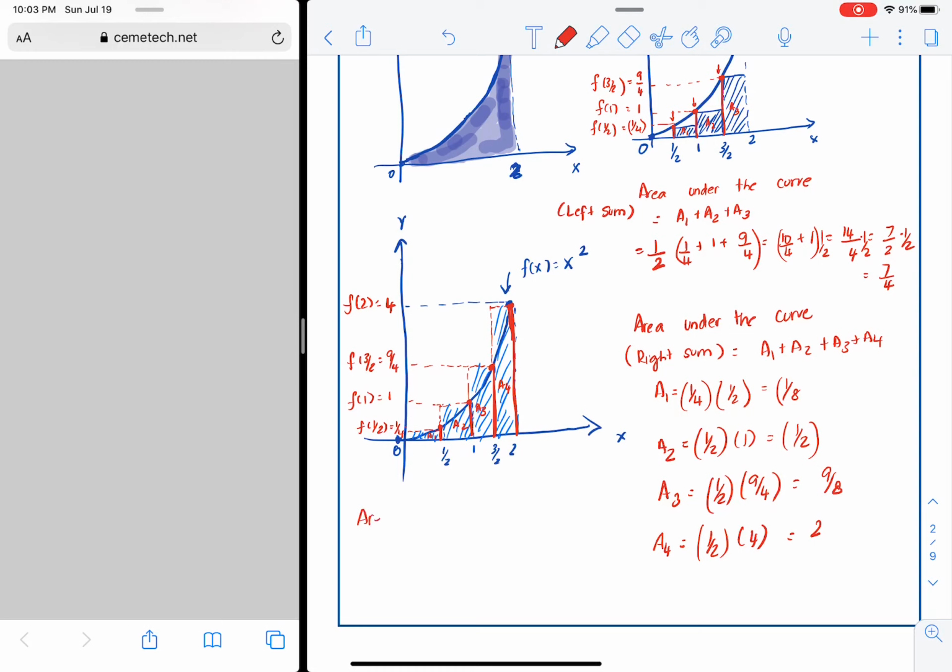So the area in this case would be 1/8 plus 1/2 plus 9 over 8 plus 2. Which would give us 10 over 8 plus 1/2 plus 2. I could combine those, 14, 16 divided by 8, which would be 30 divided by 8. (15 over 4).